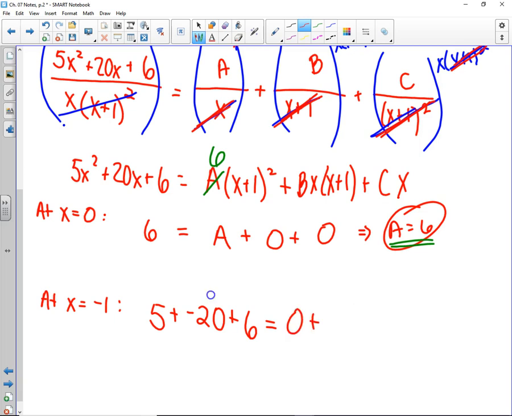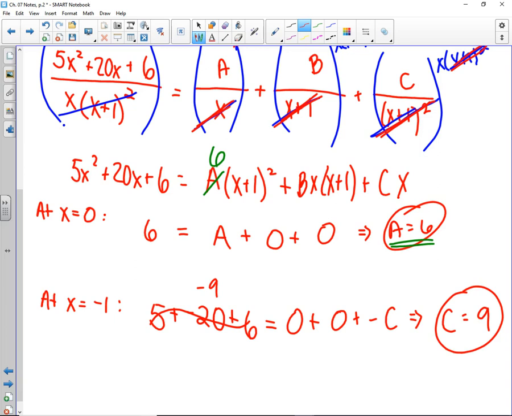What happens if I plug in -1 here? 0. What happens if I plug in -1 here? But what did we just find? Oh, well, hold on. That's 11. 11 minus 20 is -9. If -9 is negative c, what's c?